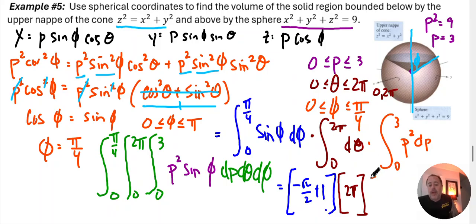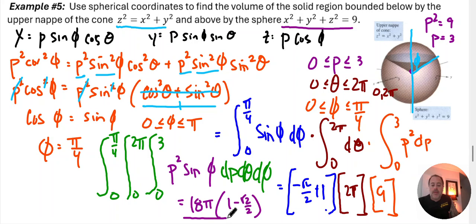And then we integrate rho squared, which is rho cubed over 3, evaluated from 0 to 3, which gives us an answer of 9. When we multiply all these together, the answer is still kind of nasty, but we get 18 pi times 1 minus the square root of 2 over 2. So this is going to be the answer to this problem.